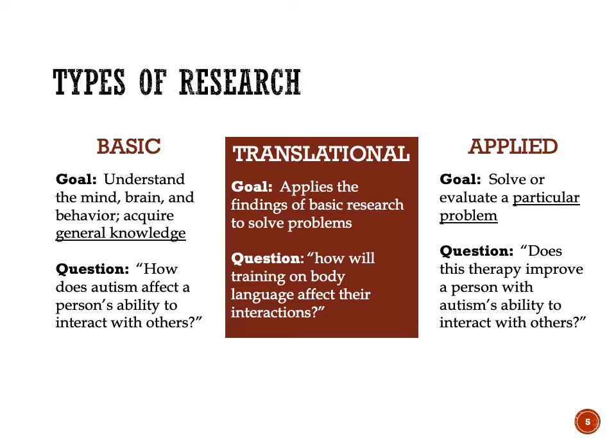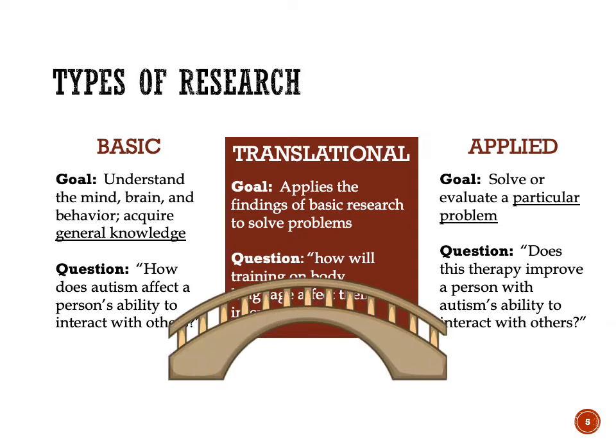That would be applied research. So you're actually applying it in the real world. The difference between translational and applied is that translational research uses basic research to develop and inform the application, and then applied research tests if those applications actually work. Translational research is seen as the bridge between basic research and applied research.